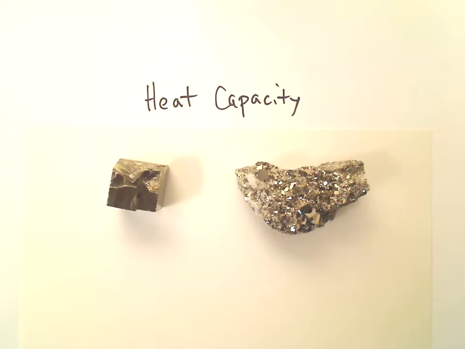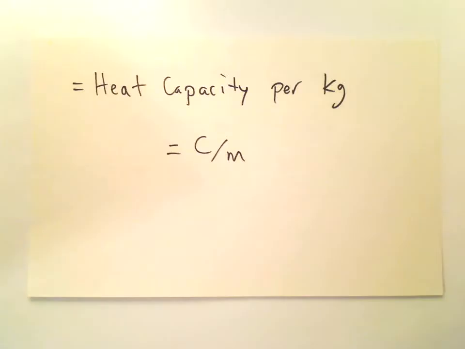We can look up what the number is for the heat capacity of a 1 kilogram sample, and in fact, that's just what specific heat is. Specific heat is defined as the heat capacity for a 1 kilogram sample of whatever material you're talking about.